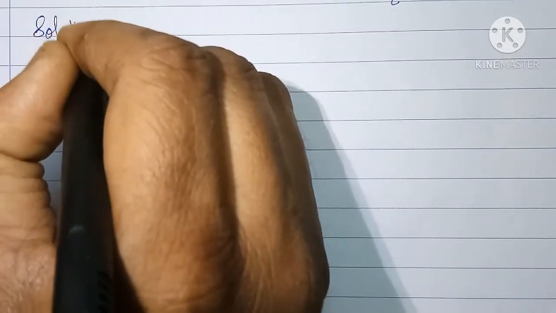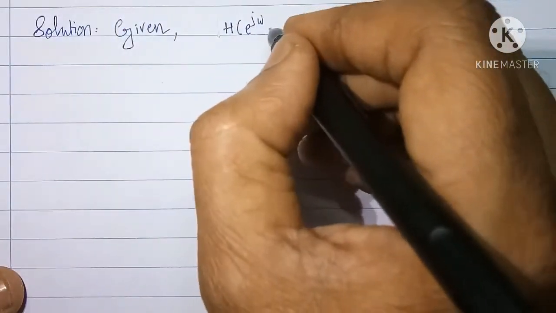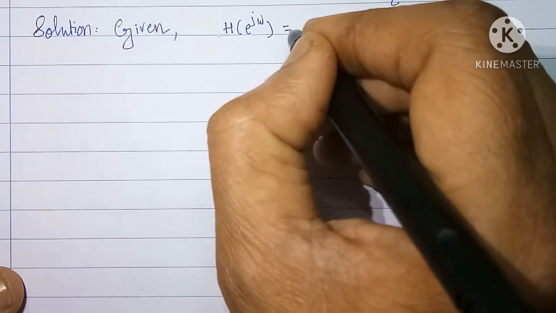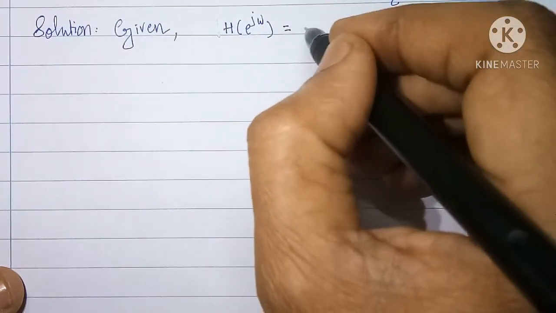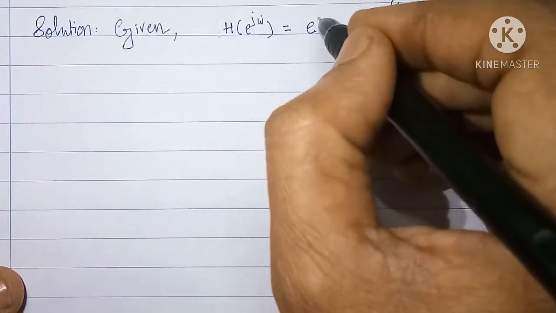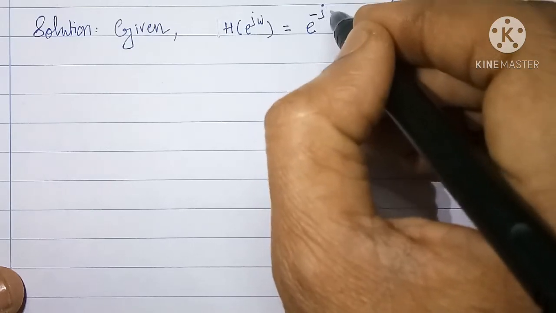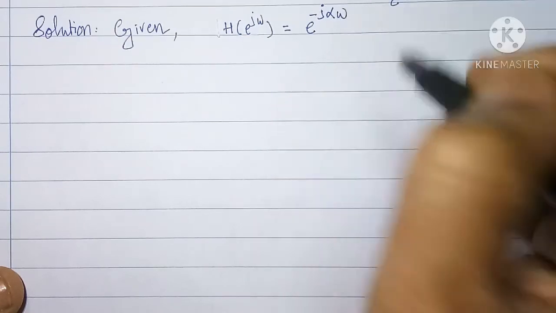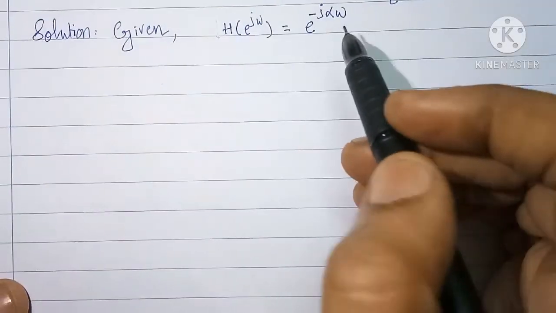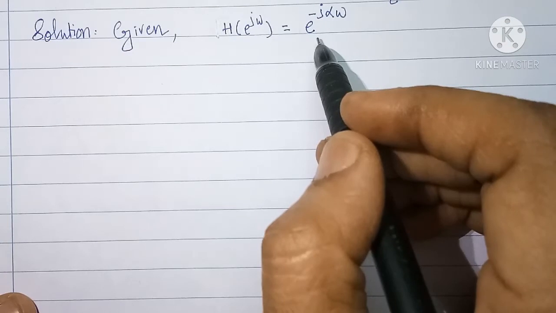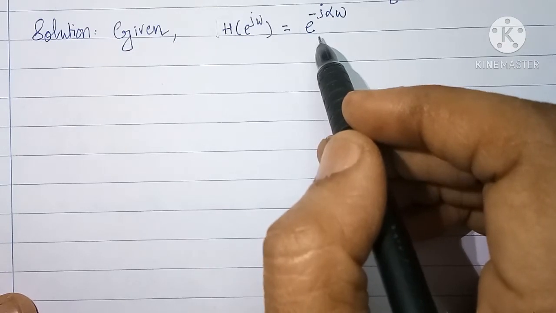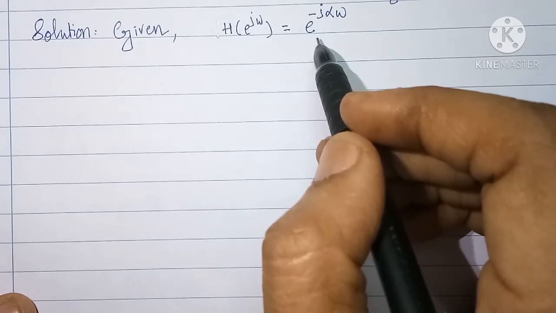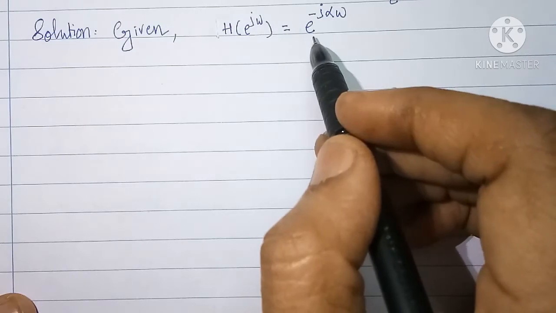Solution. Given H of e raised to j omega equal to e raised to minus j alpha omega. Remember, in designing FIR filters using window techniques, the bandwidth will be given.